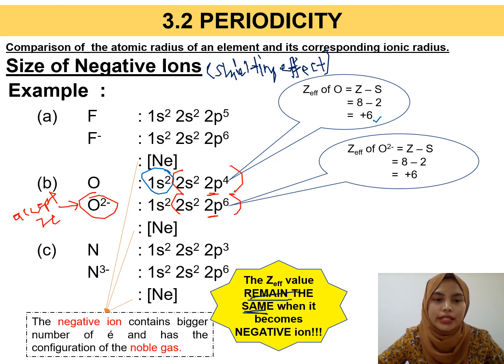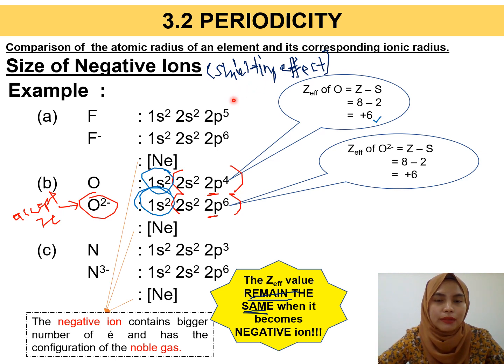Alright, if you want to calculate the effective nuclear charge for O2 minus, the proton number is still the same, which is 8, minus the inner orbital. The inner orbital is the same, there is no change. Okay, so because the effective nuclear charge remains the same when it becomes a negative ion, therefore you cannot use the Zeff point, you must use the shielding effect point.